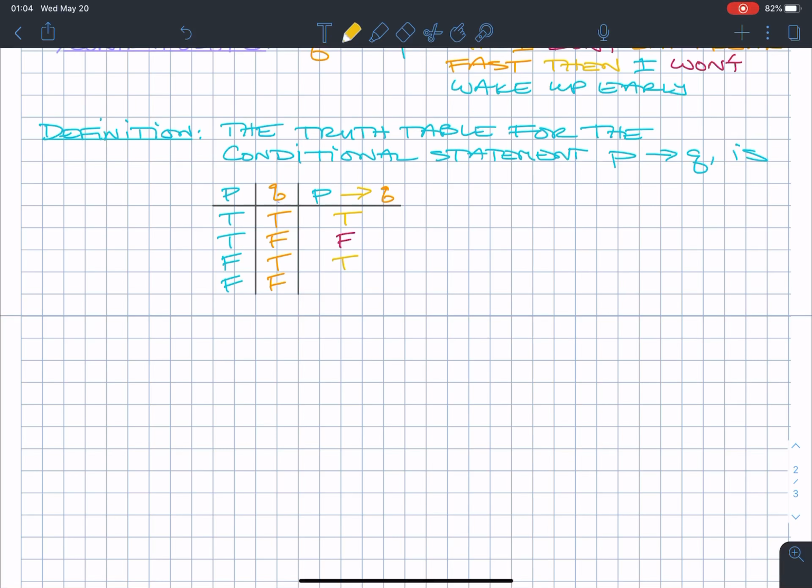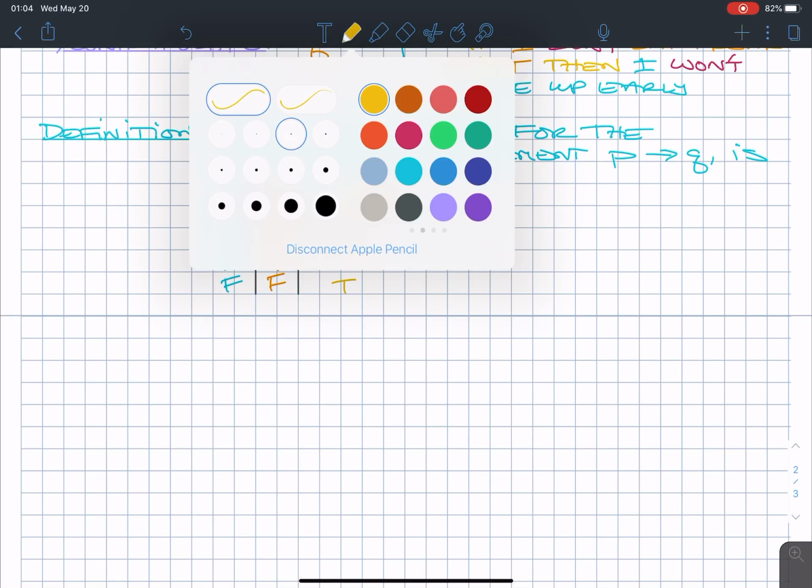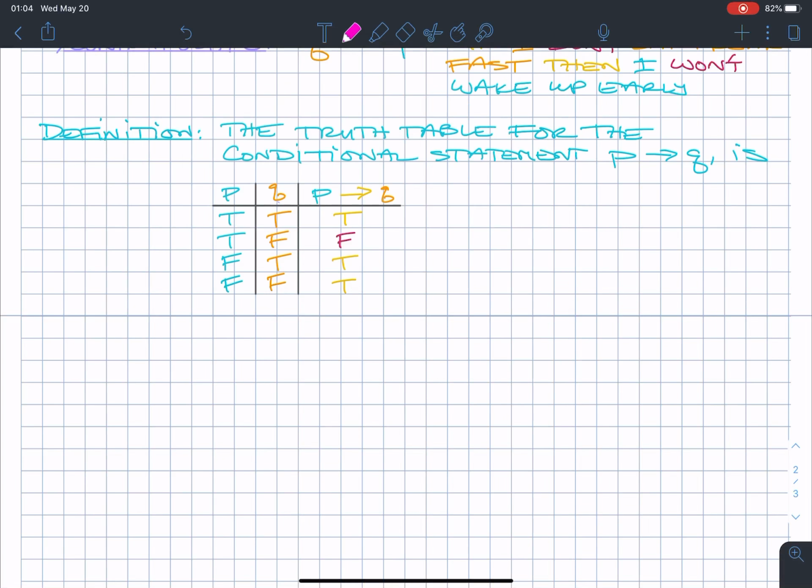And finally, something false implying something false, well, false implies false is also true. So this is the only false. So true cannot imply false. Something true cannot imply something false.